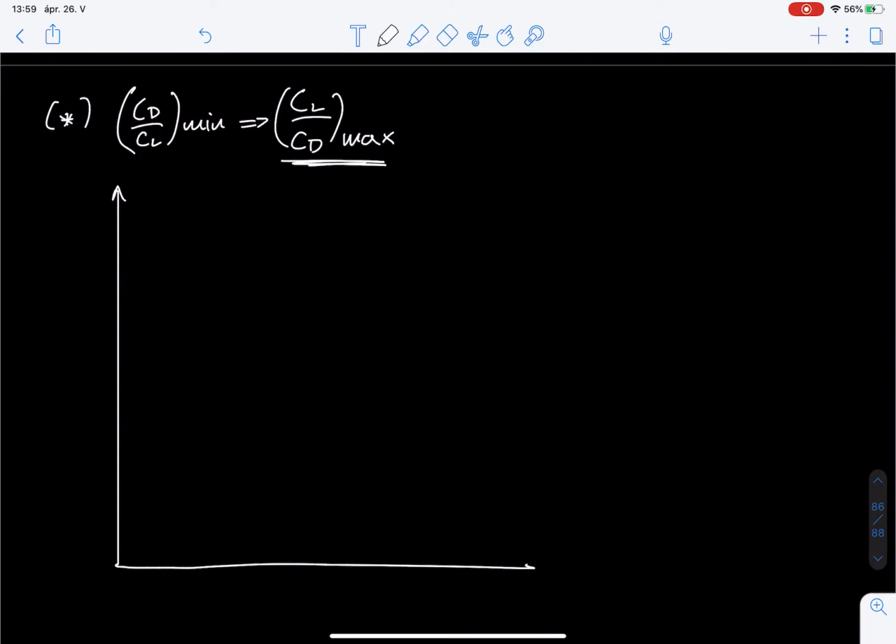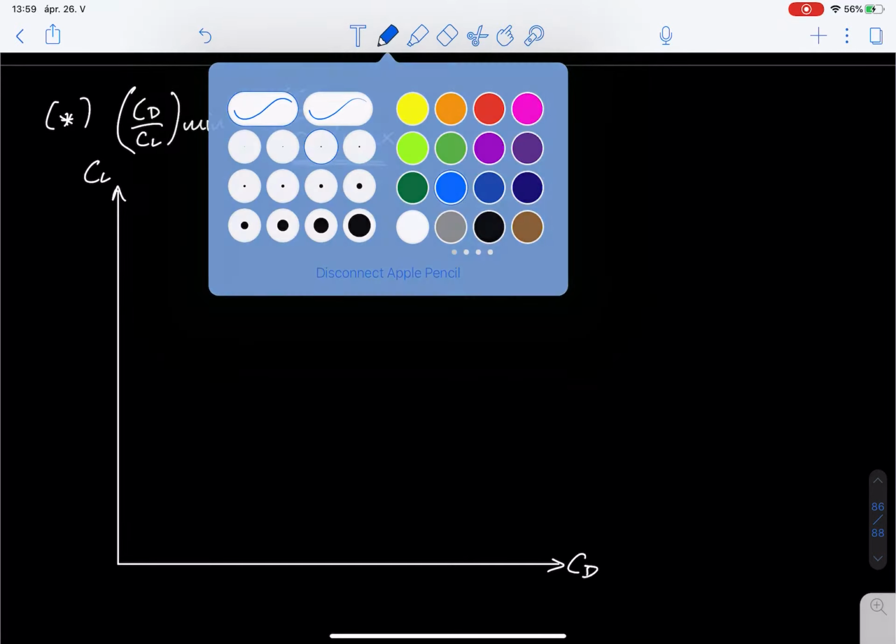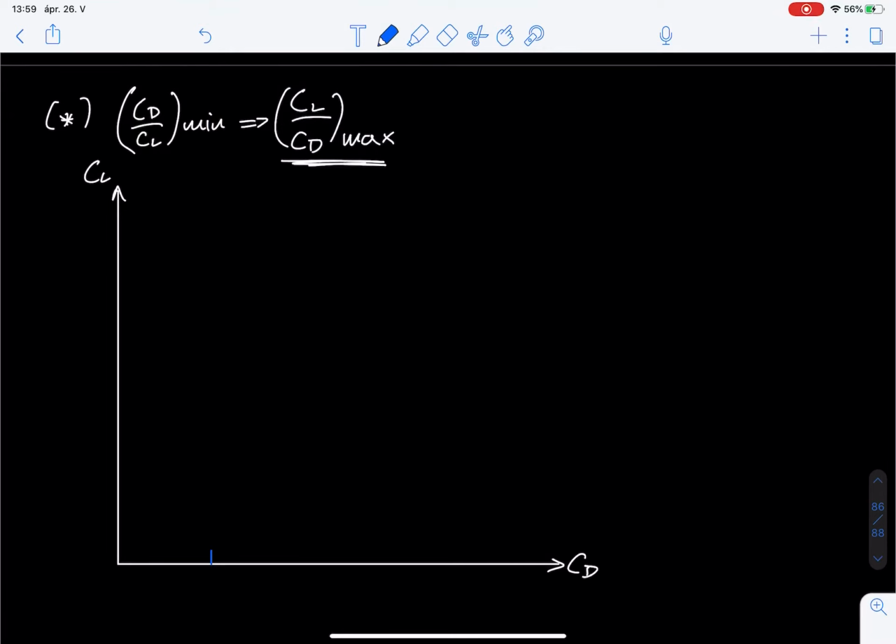Again, let's just quickly sketch up a general polar curve so that we can better visualize it. So of course here we have the lift coefficient and the drag coefficient, and let's say here we have a very general looking polar curve like this, right?